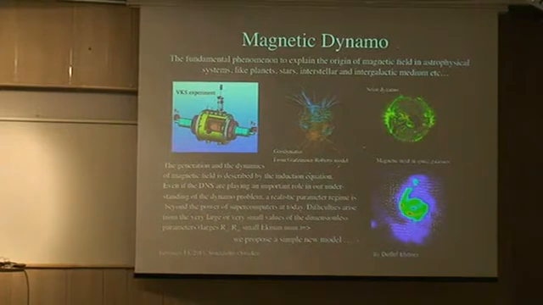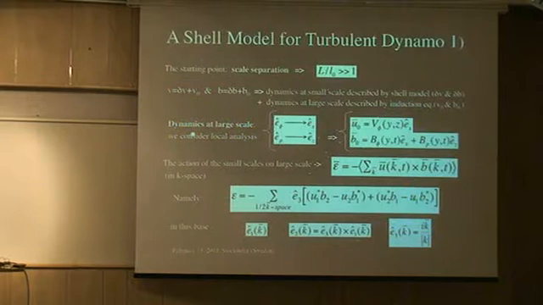So in order to overcome this difficulty, we built a new model which has the capability to describe a system with a very large Reynolds number. The starting point of the model is the scale separation.